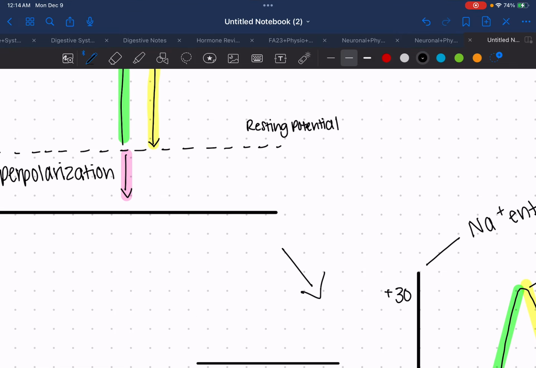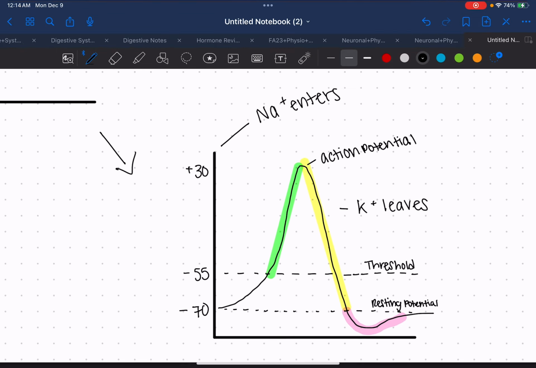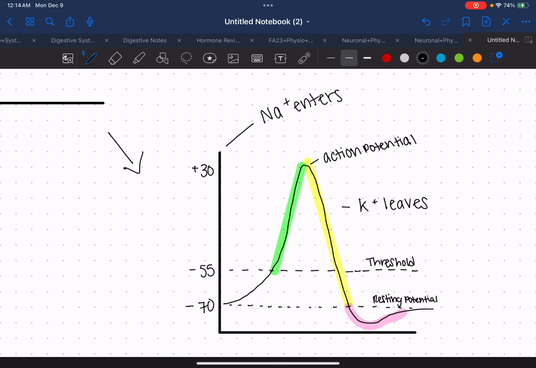Right here I just have a better visual. At -70 is the initiation of an action potential, and then it charges up all the way to +30, and that's when Na+ enters. Once Na+ enters, we go back down and K+ leaves, and once we're at -55, that's when we're at threshold.